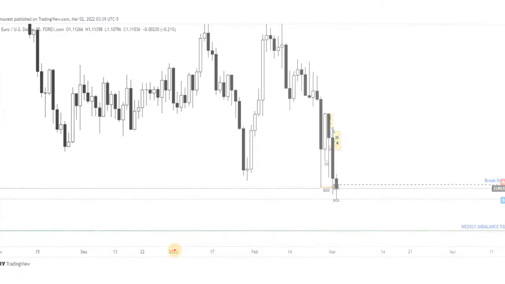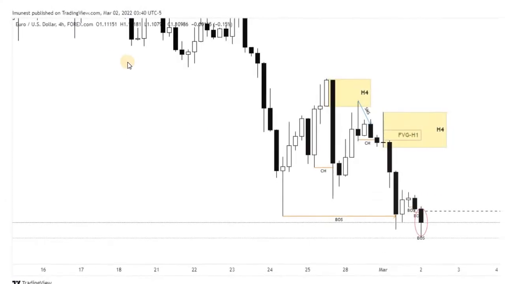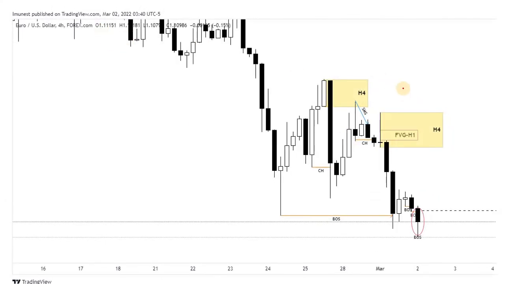The next slide, we are looking at the 4-hour chart, and in the 4-hour chart we can see some internal order flow here. Price makes higher high, higher low, higher high, and what? A change of character, breaking this higher low.